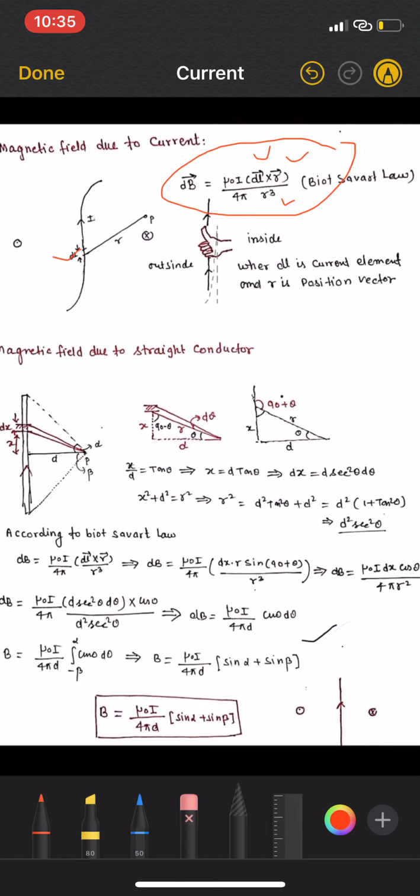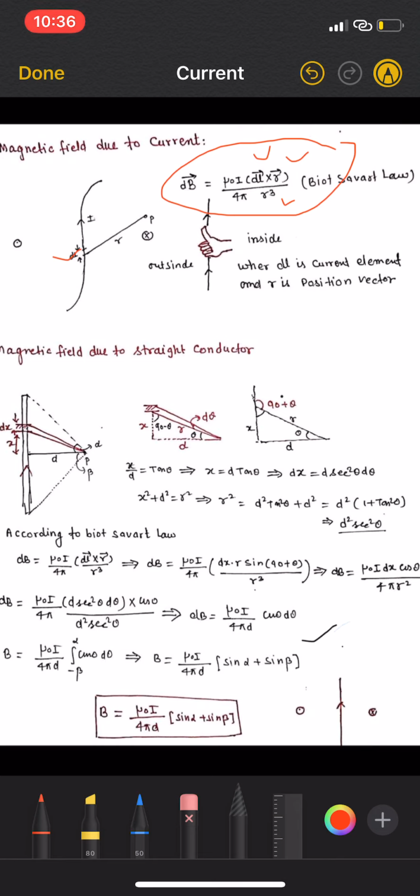So at this point the magnetic field will be inside the plane, and at this point it will be outside the plane. If I hold this wire in hand with the thumb indicating the direction of current, the fingers go into the plane here and out of the plane there.